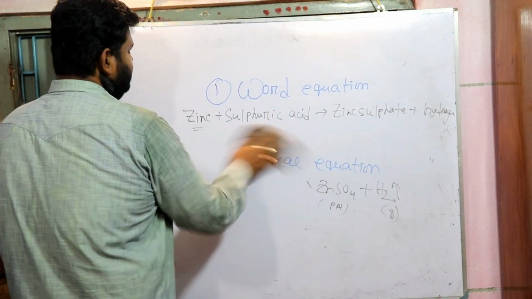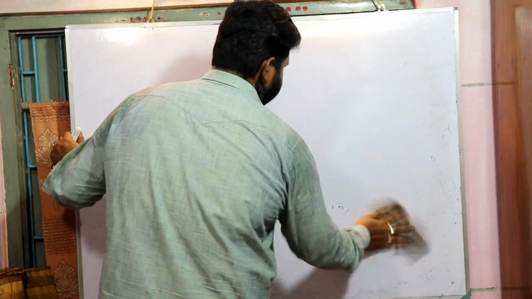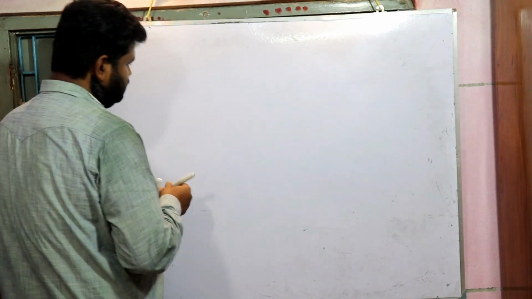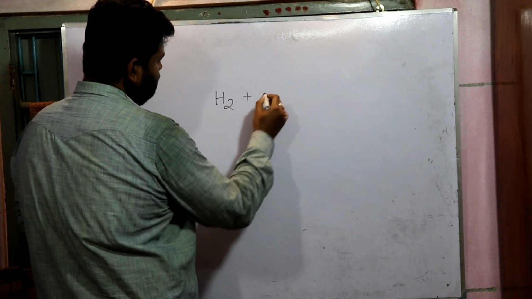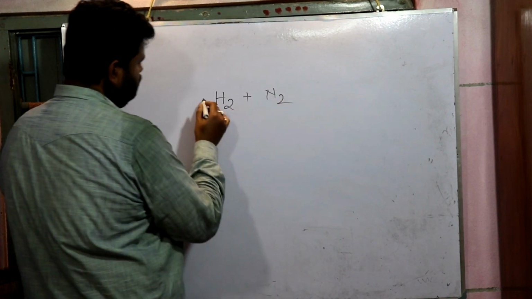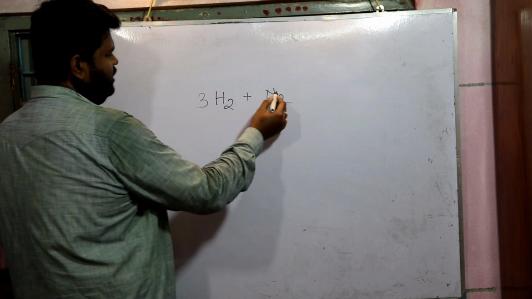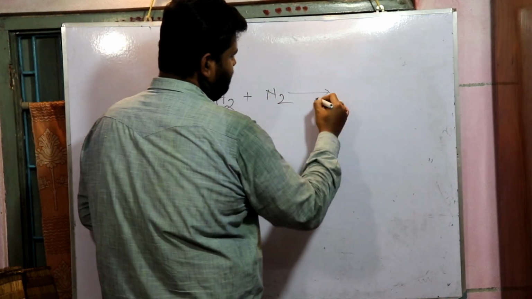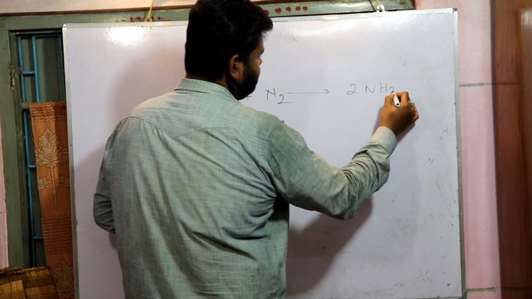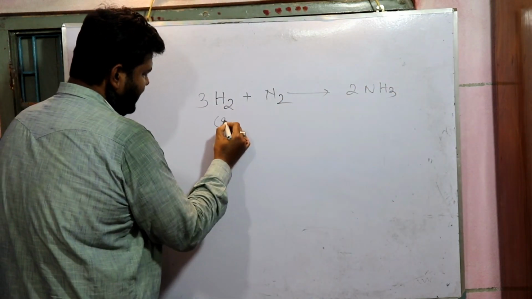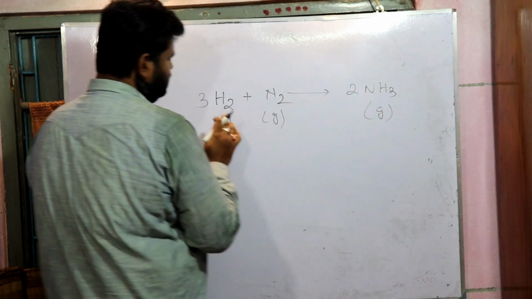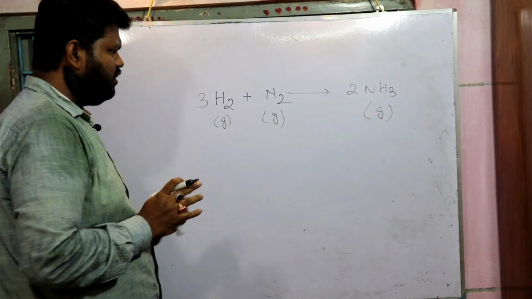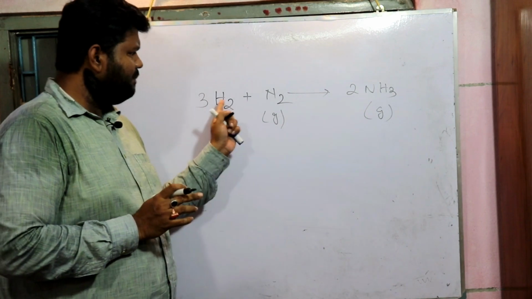What does it actually mean? Suppose here N2 plus 3H2 produces 2NH3. Nitrogen is a gas, ammonia is also a gas. This is the normal representation of a chemical reaction by a chemical equation.